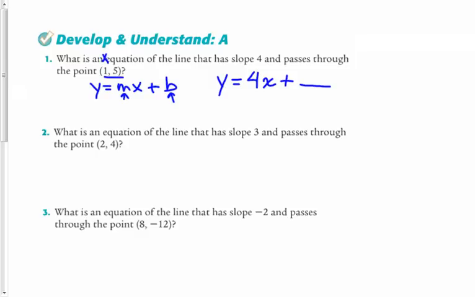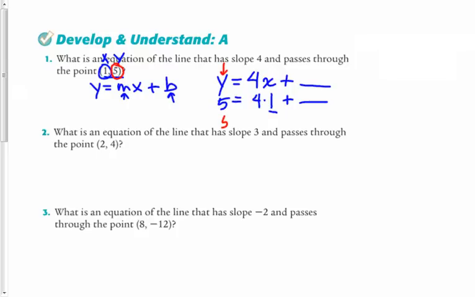And the 1 is an x value, the 5 is a y value. So I know that if I take 4 times an x value, plus this extra thing, it has to equal 5. So all I did right there is I substituted 1 in for the x, and I substituted that 5 from that point, circle it in red, for the y.